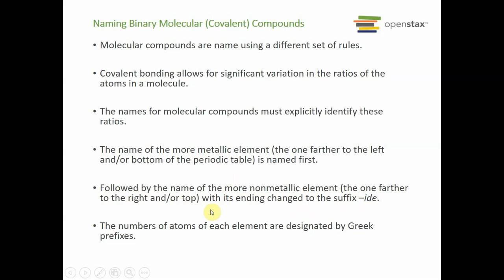So, water, for example, hydrogen is more to the left side of the periodic table, and oxygen is to the right, and the numbers of atoms of each element are designated by the Greek prefixes.